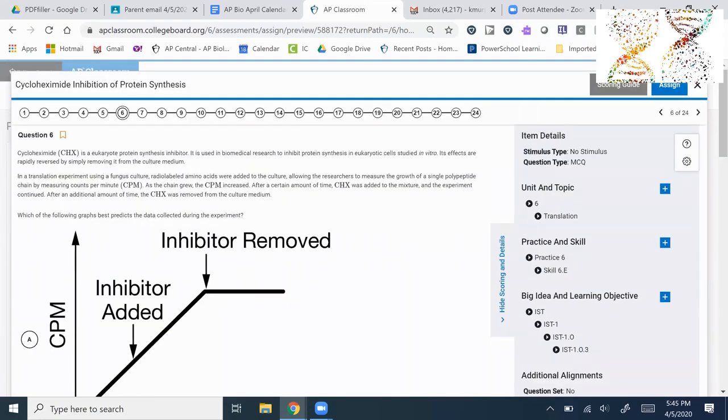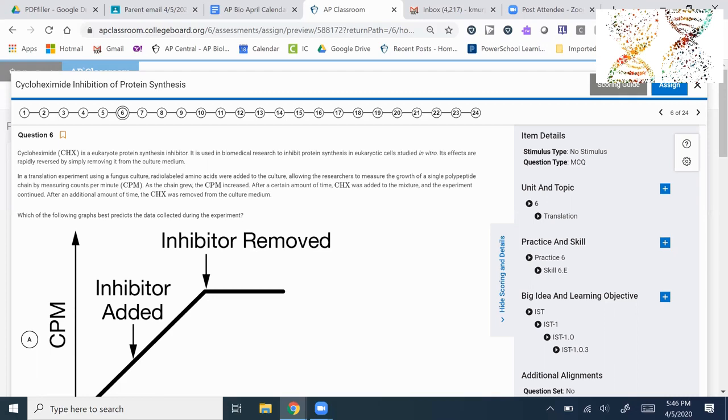It says amino acids were added to the culture, allowing researchers to measure the growth of a single polypeptide by measuring counts per minute as the chain grew. After a period of time, CHX was added and then continued after an additional amount of time. It just says it's an inhibitor, meaning it stops it. It doesn't say it decreases.